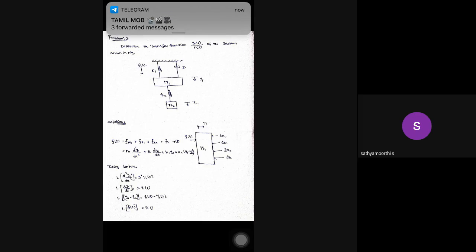After the conversion, you have to take the Laplace transform. The first function, the mass function, is a second order function, so it converts to s square into y1 of s. Then b, the coefficient term, is a first order derivative, so it becomes s into y1 of s. Then for the spring value, y1 minus y2 becomes y1 of s minus y2 of s.